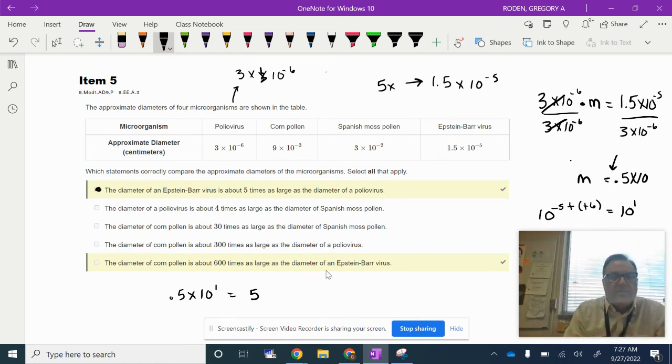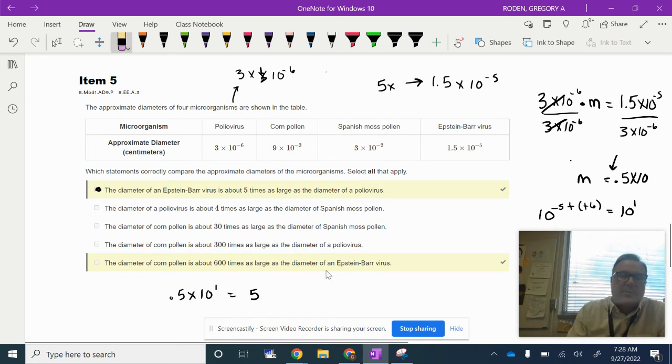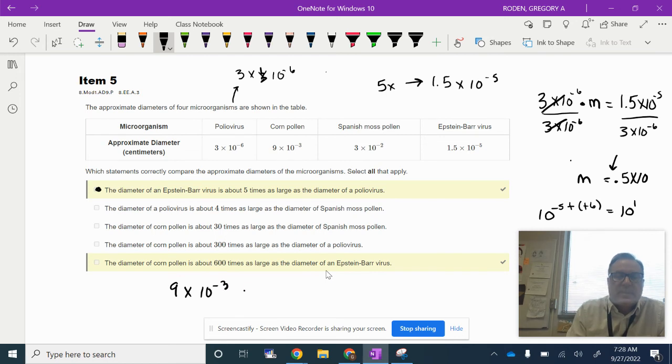Now, how do they get that the diameter of a pollen is about 600 times greater than that? Same process, guys. I'll set it up, but I won't do the whole thing. So we know a diameter of corn pollen is 9.9 times 10 to the negative third power, which is about 600 times as large as the diameter of, let's see if that's true, an Epstein-Barr virus.